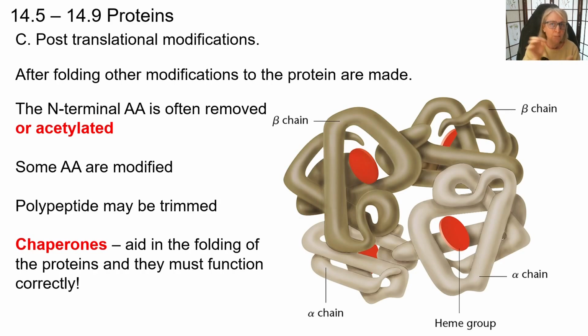So as I make those tertiary and quaternary folds, I need to make sure that those other proteins are also shaped right, and I also have all of the genes for those proteins functioning. And I've got to have all of the enzymes that are going to acetylate or cut and clip and make this into a functional unit. And then I'm going to export it out of the cell using a bunch of proteins that push it out in an exocytosis. Holy cow, the fact that anything works at all is amazing.